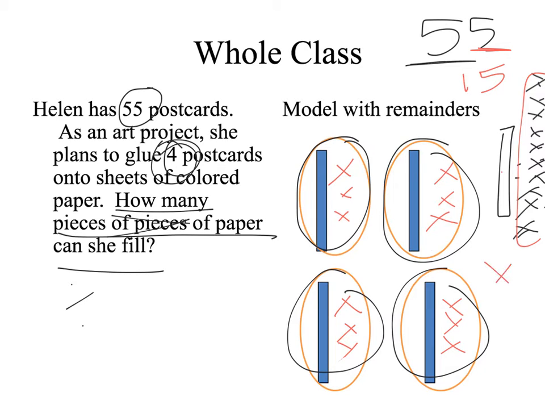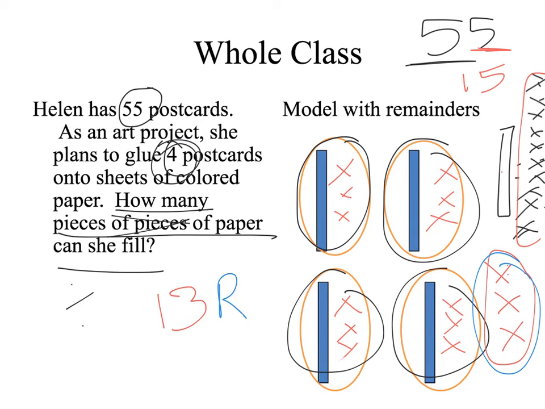I have 15 altogether, but I have 3 that are left over. So if I was putting the postcards onto each colored sheet of paper, in each sheet there would be 13 postcards, but I would also have 3 left over, so I would have a remainder of 3.